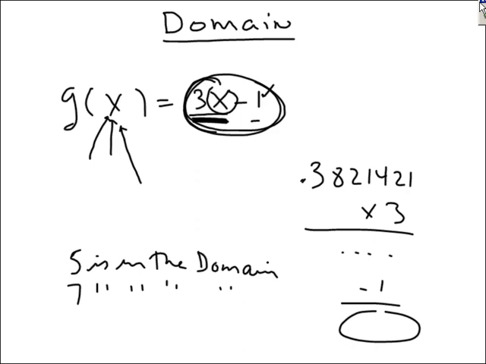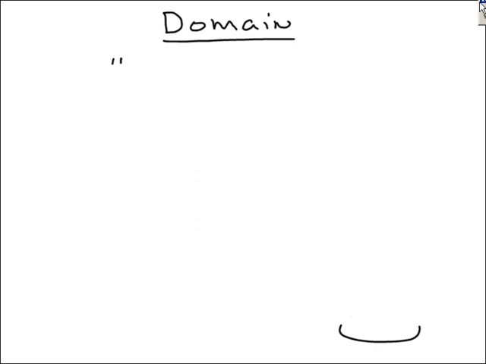I can multiply any number by 3 and take away 1. No matter what number I put in there, I get back a result. Alright. So the answer is, and we'll do more formally in a little bit, the domain for g of x is all numbers.